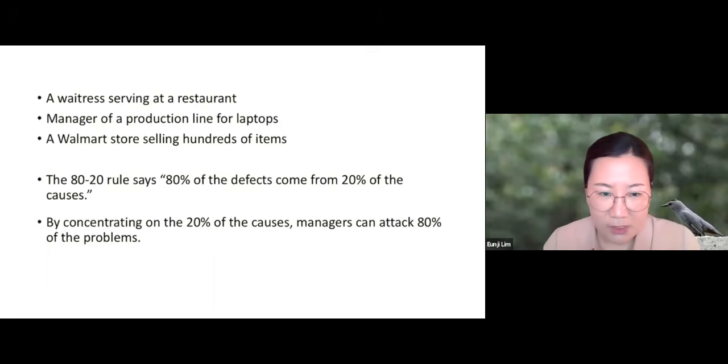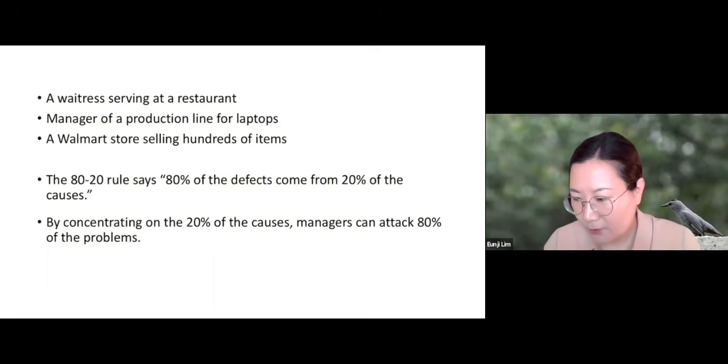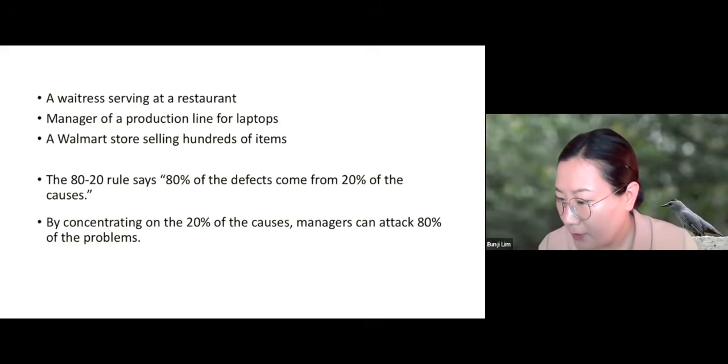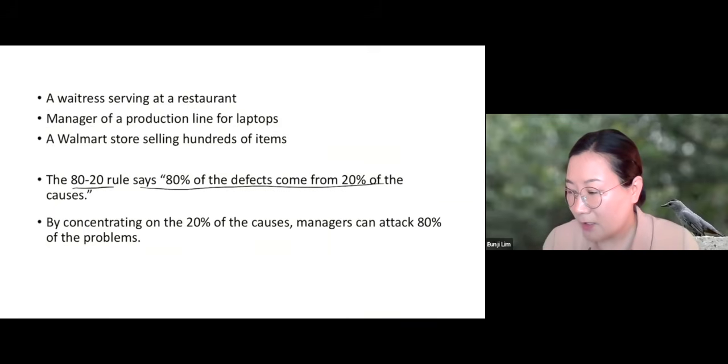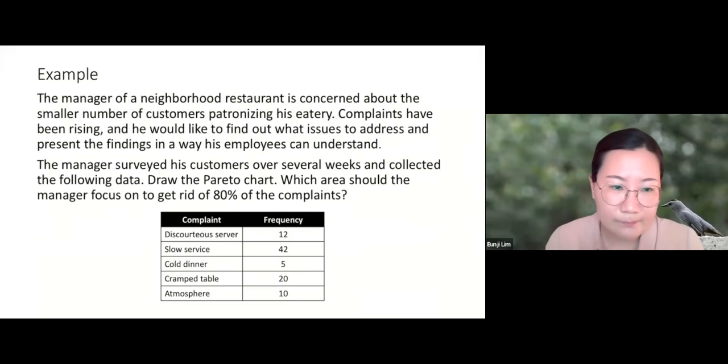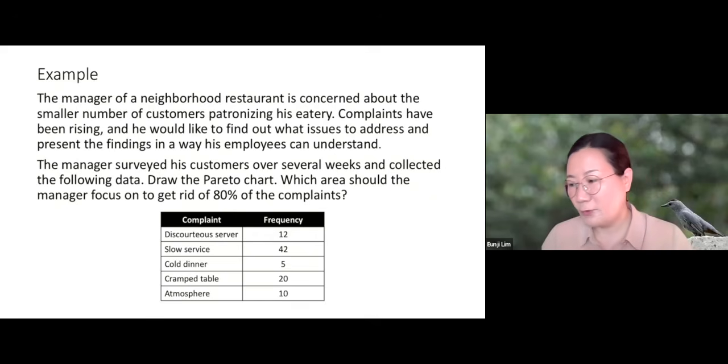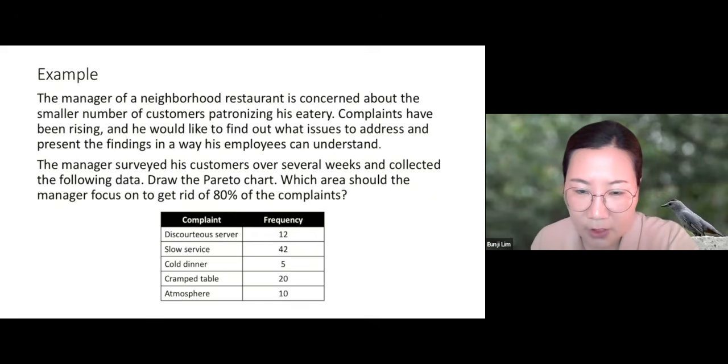So the Pareto chart can be summarized as follows. The 80-20 rule says 80% of the defects come from 20% of the causes. By concentrating on the 20% of the causes, managers can attack 80% of the problems. So let's take an example and see how we can construct the Pareto chart.